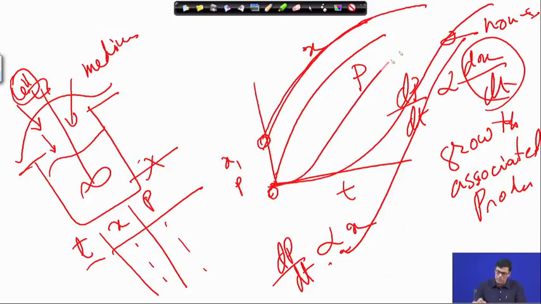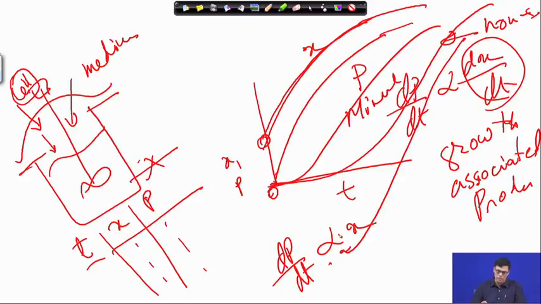Now, in case of mixed growth associated product, what will happen is that it is neither growth associated nor completely non-growth associated. It depends on both the rate of growth of the cell and the cell mass concentration. Then we call it mixed growth associated.